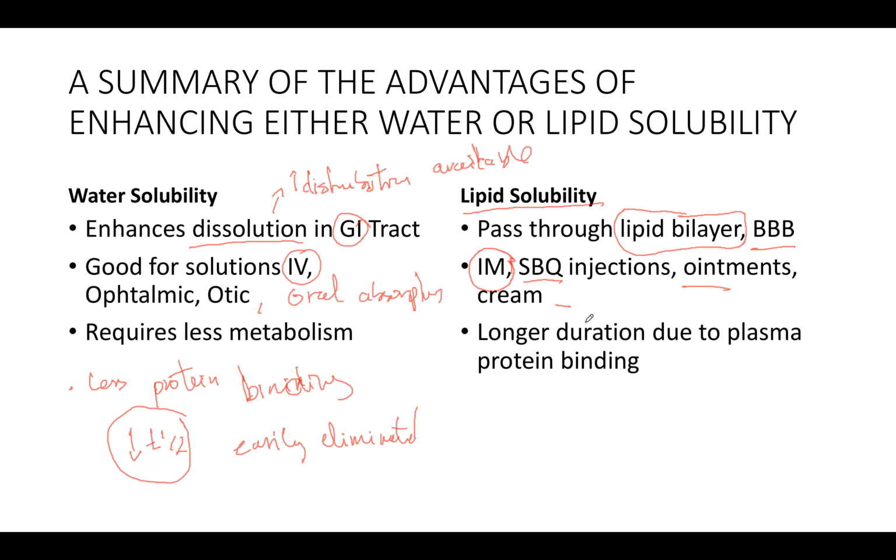They also have a longer duration of action because sometimes they can bind to plasma proteins, and depending on how they are administered, if let's say they're administered as a depot, as we said earlier, they can be released slowly into the system.